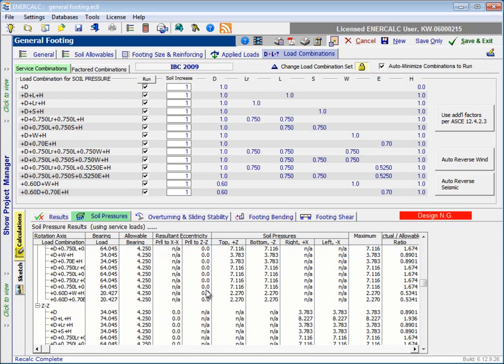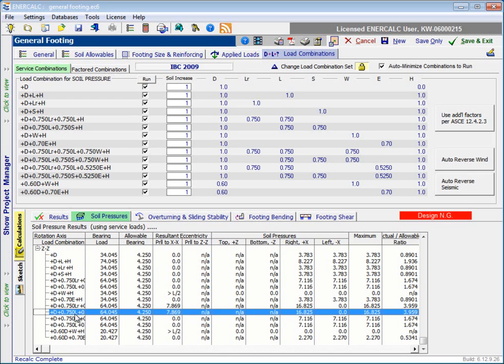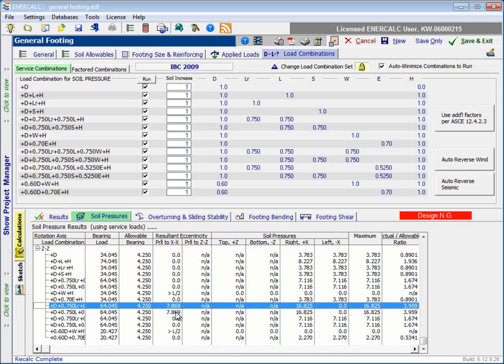So in situations where we have some moment being applied, we can actually see the value reported from the footing center line to the resultant, and they're broken up into dimensions that are measured parallel to the x, obviously for those forces that cause rotation about the z, and parallel to the z for conditions that would cause rotation about the x.